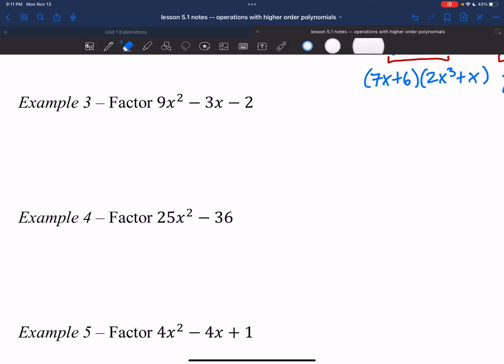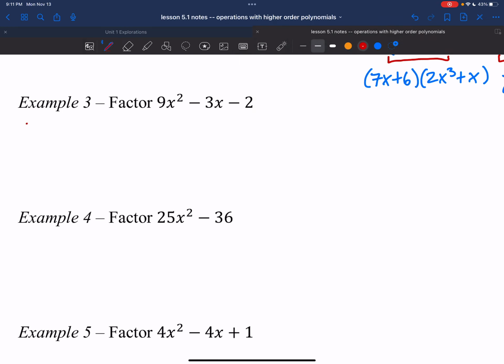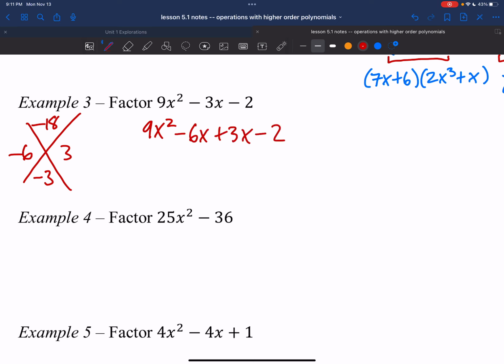Hold on. Sorry, I know I could probably just do that on my own, but I'm just going to do it because I want to. Because Mr. Spake likes to. Okay, there it is. And so I say this is 9x squared, and then I'm splitting this middle term, right? Negative 3x becomes negative 6x plus 3x minus 2.